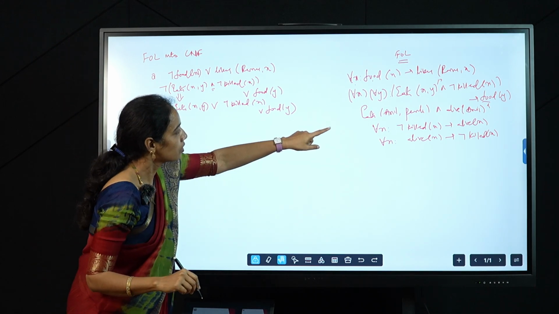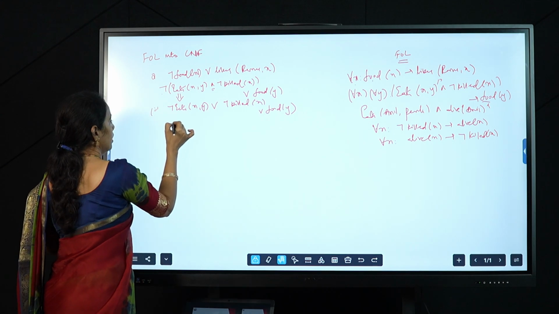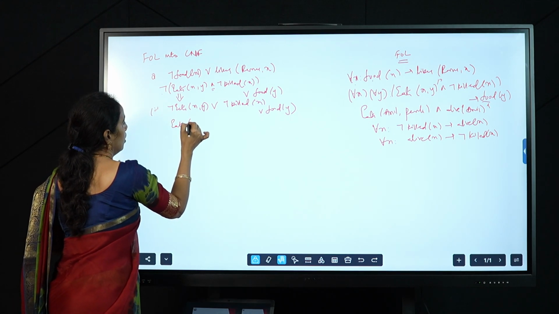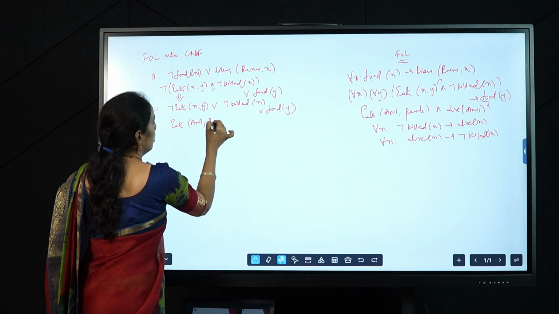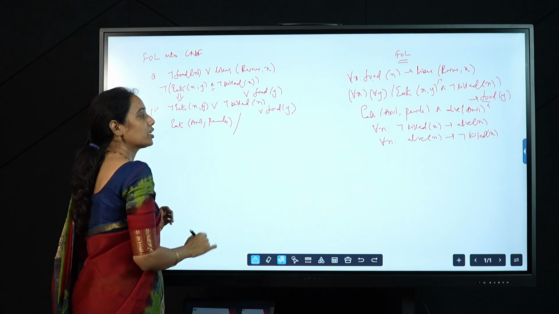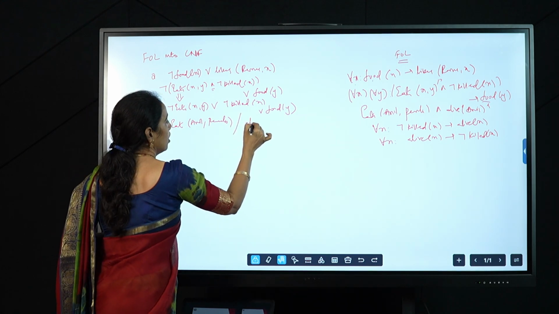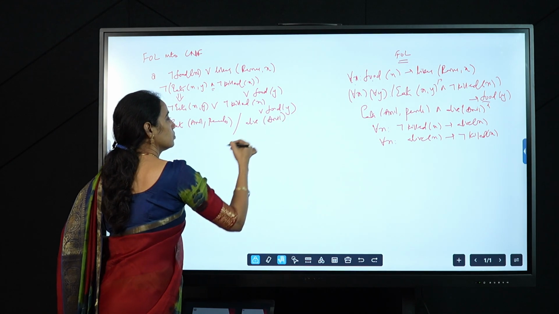Now let us go for the third one. Here it is simply eats Anil comma peanuts. Okay, whenever we have and, we can convert it into two terms, that is alive comma Anil. Okay.